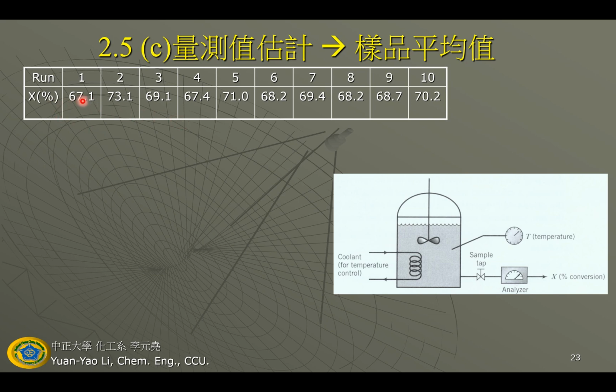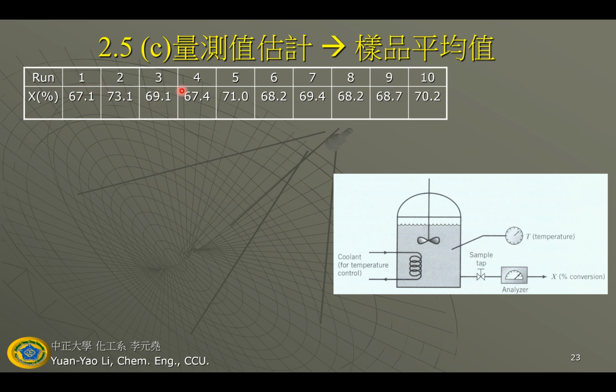After 2 minutes, the first person got a conversion rate of 67.1. The second person got 73.1. The third experiment is 69.1.